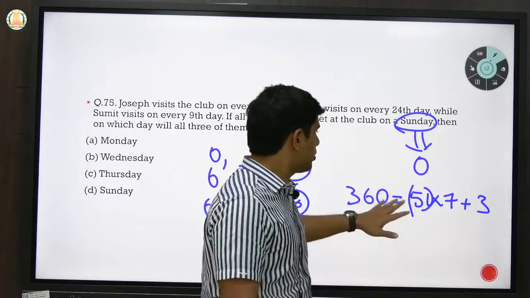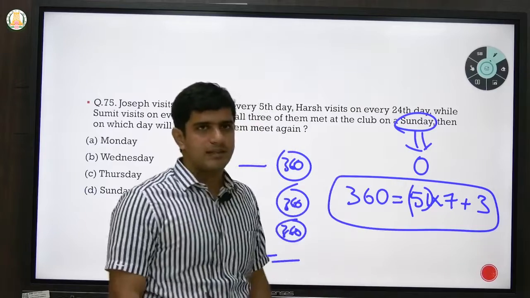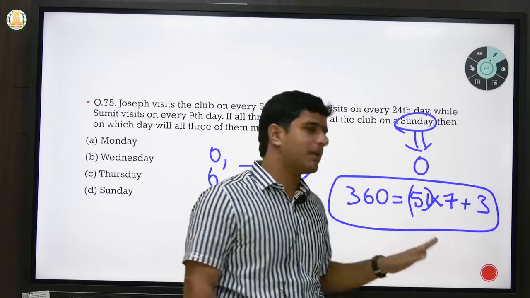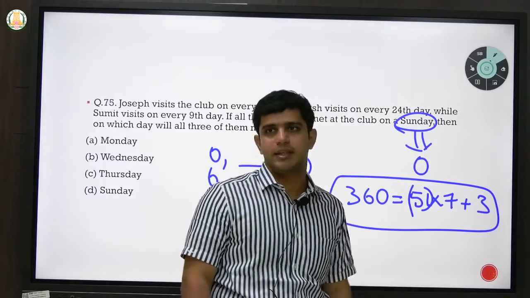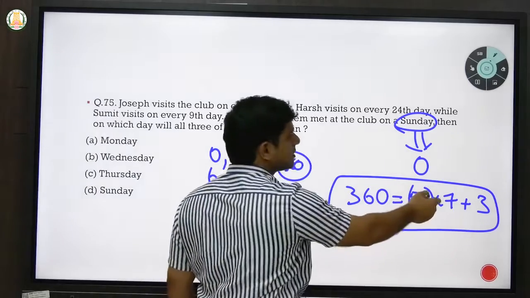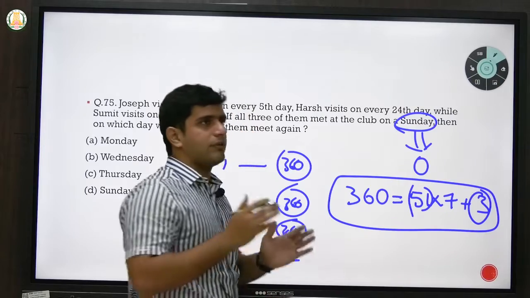So this is an intuitive approach. You can say that in a year there are 365 days and 52 weeks, so 51 weeks must have already passed by the time you reach the 360th day. The exact way is that 51 weeks plus 3 days is 360.